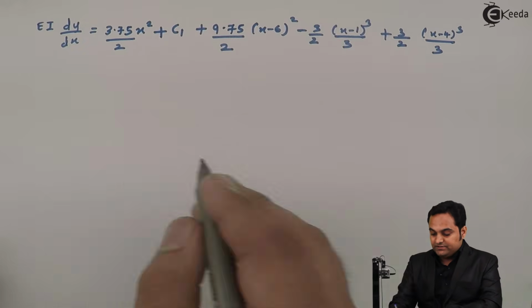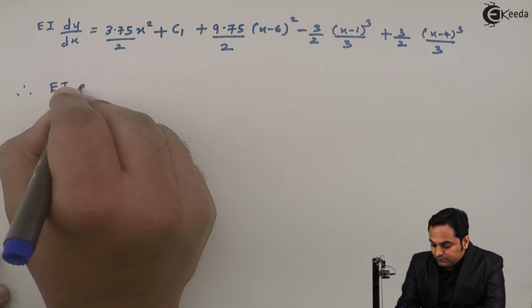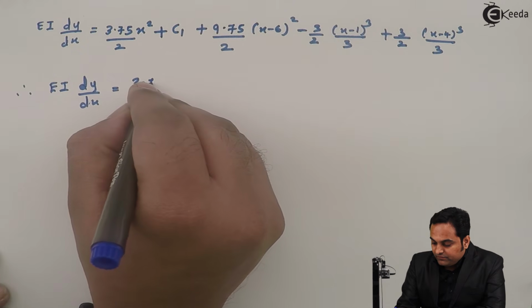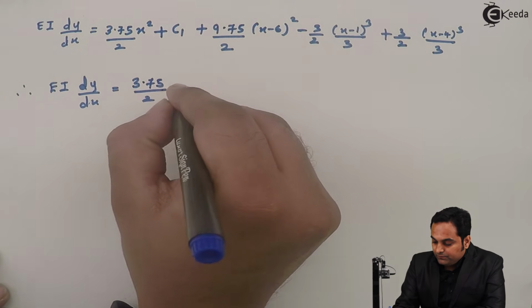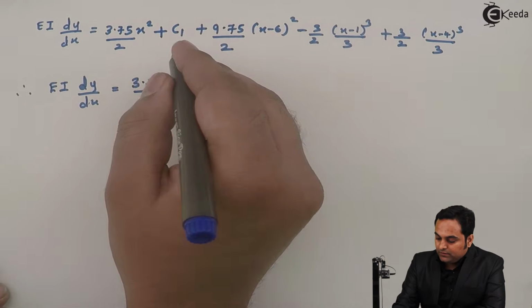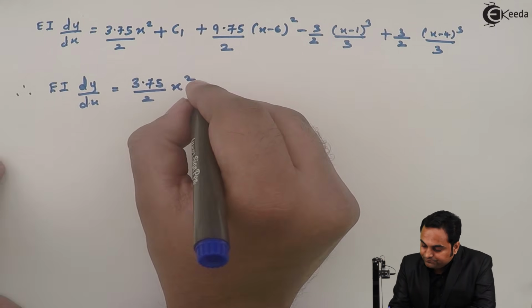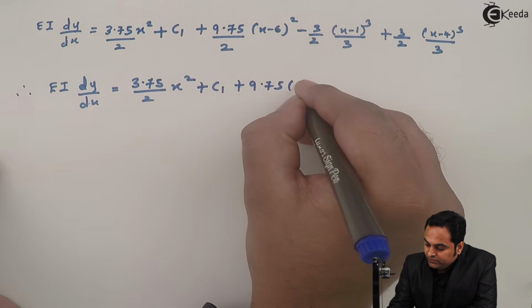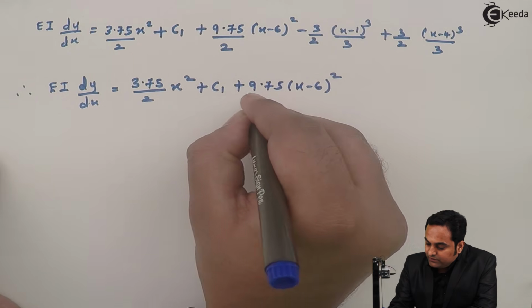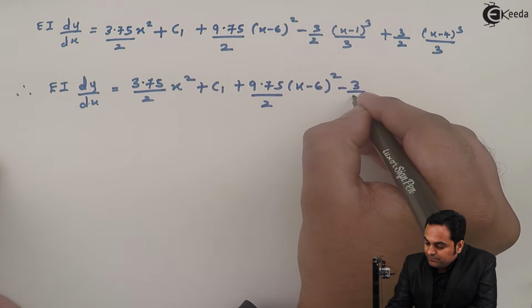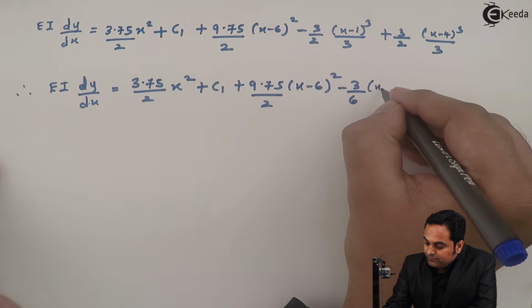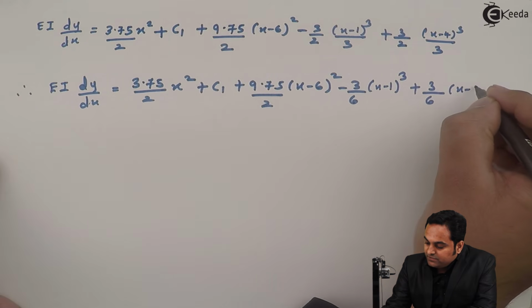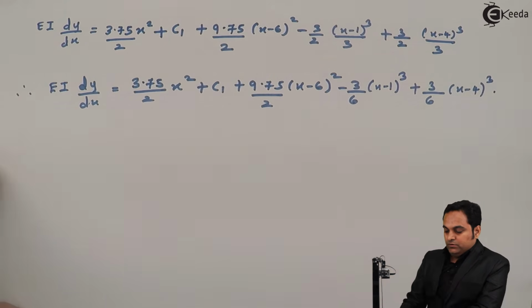So simplifying this, EI into dy by dx is equal to 3.75 by 2 x square plus c1 plus 9.75 into x minus 6 whole square by 2 minus 3 by 6 x minus 1 whole cube plus 3 by 6 x minus 4 whole cube.